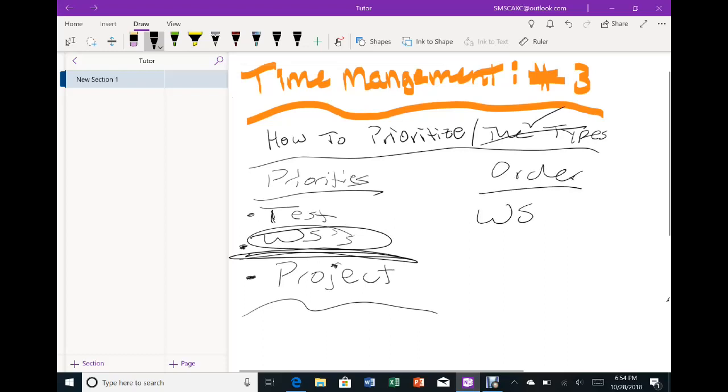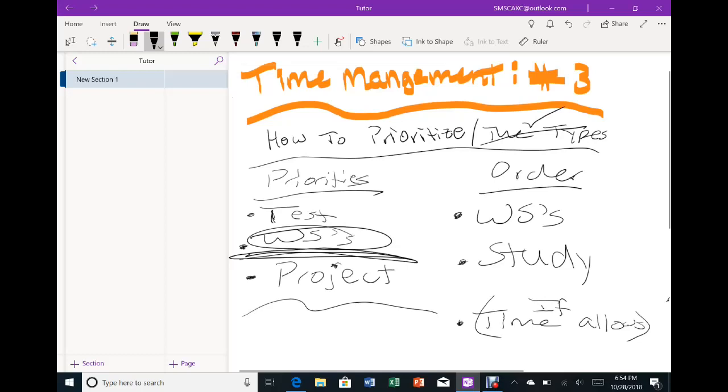So, worksheets first, then you're going to study, and then, if time allows, project. But you really, really, really do need to be making progress on this project as well.